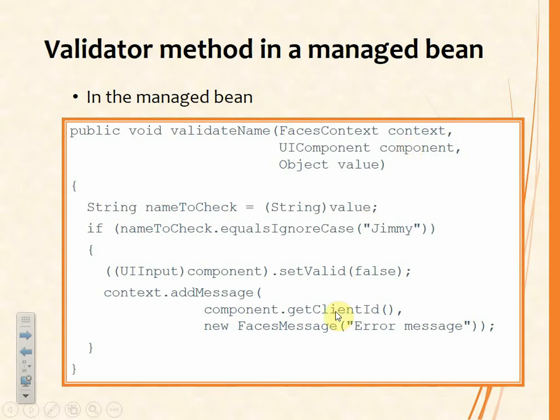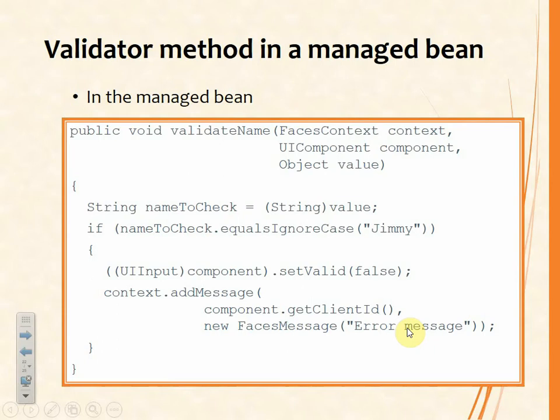We're going to call getClientID. That's the ID attribute value that is set in the facelet. So you might have a UI component, input text, ID equals username. Well, that's the value that will be used as the ID here. That error message, whatever we set up here, that error message will then be associated with that ID.